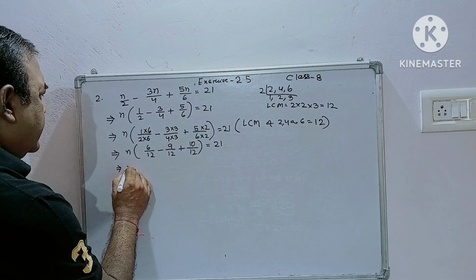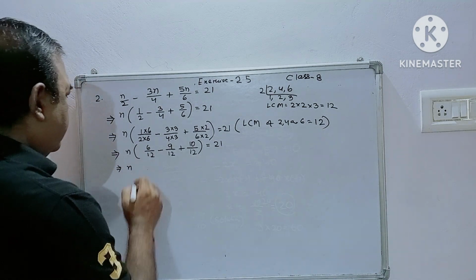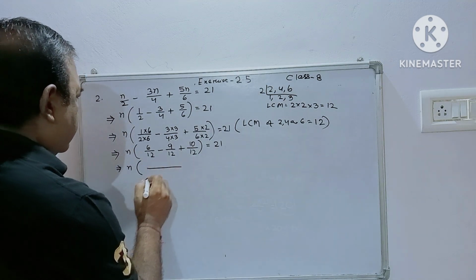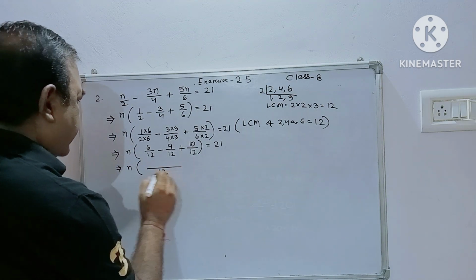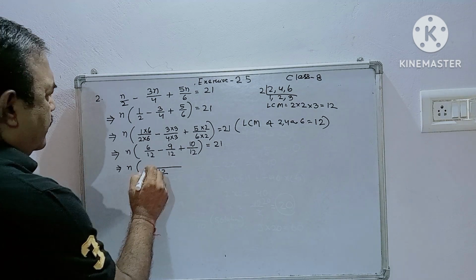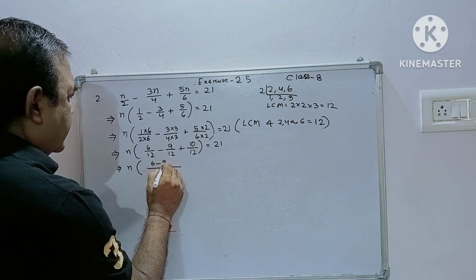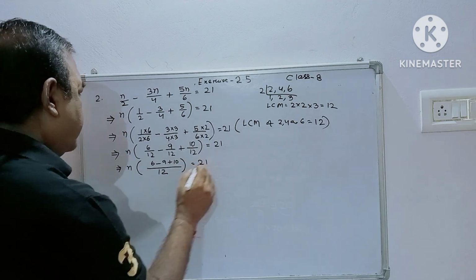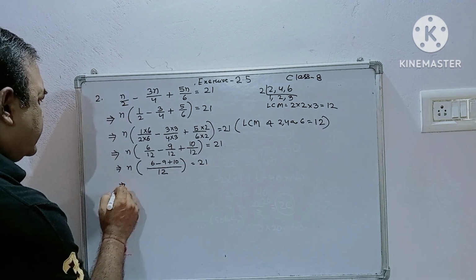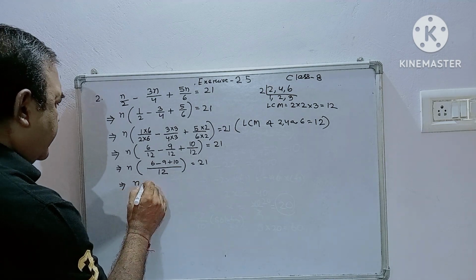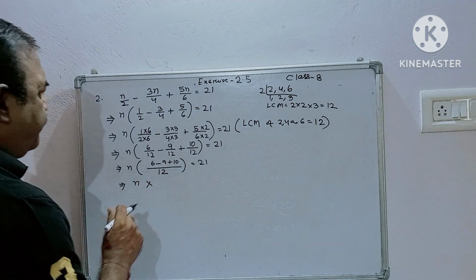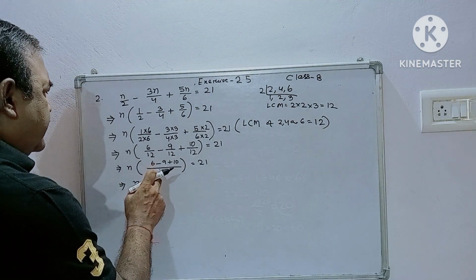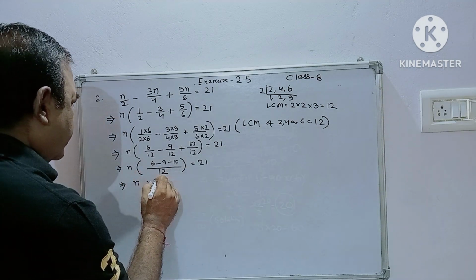That implies n into, you write the common denominator here, 12, 6 minus 9 plus 10, that is equal to 21. That implies n into, you see, 6 plus 10 is 16, minus 9 is 7.